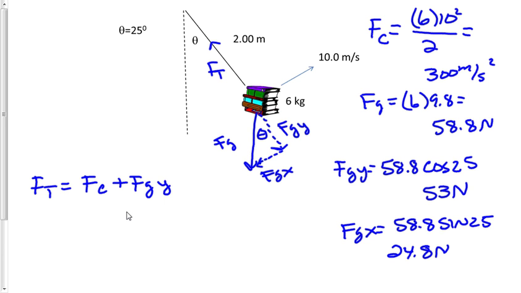Okay, well, our force centripetal is then going to be equal to our 300, and that should be newtons there, so I'll X that off there and make that a newton. So equal 300 plus, let's see, we have to then take the 53, so that equals 353 newtons.